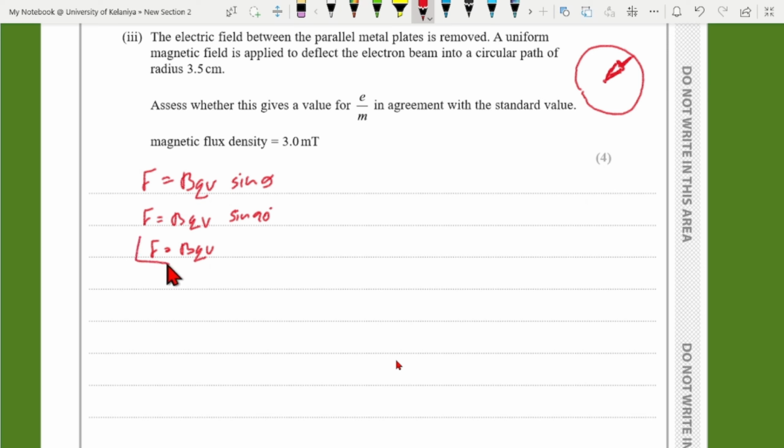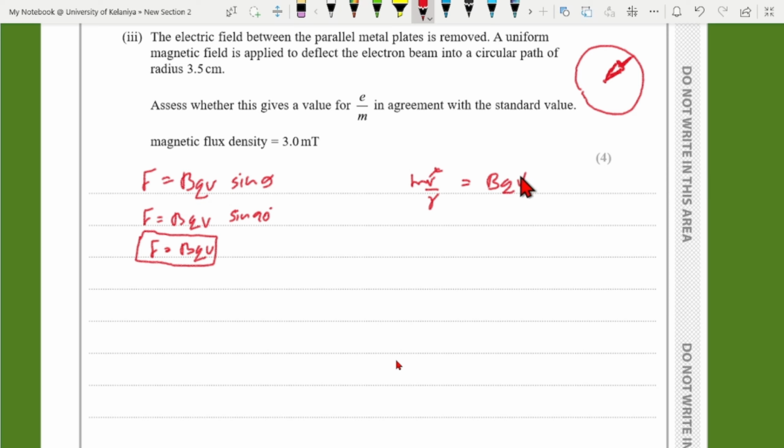It means this Bqv is providing the centripetal force because we don't have any other force. Centripetal force is the resultant force acting towards the center. So mv squared over r is equal to Bqv. Why? Because the magnetic force on the electron is providing our centripetal force.